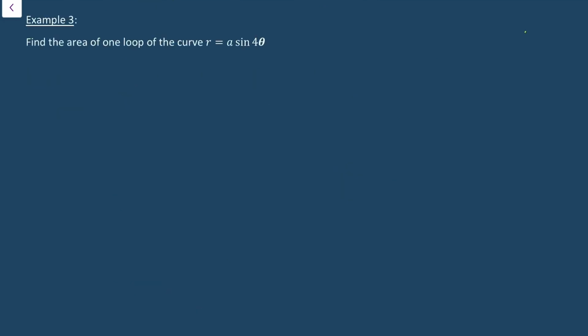So in the third example, we are looking at finding the area of one loop of the curve r equals a sine 4 theta. So we know that n theta determines how many leaves there are in the polar curve. That is, if n is even, then I will have double the amount.